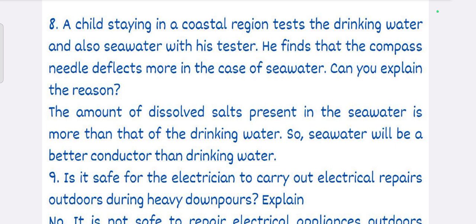So, seawater will be a better conductor than drinking water.